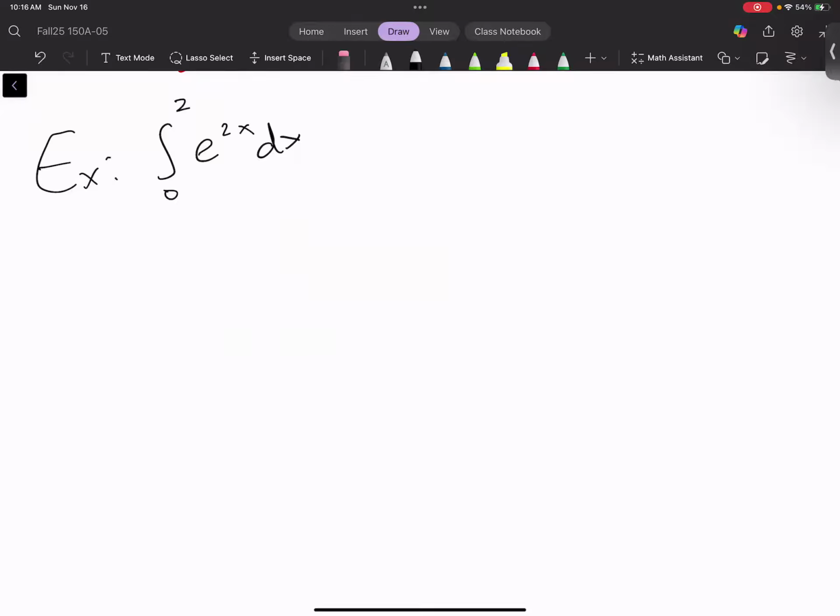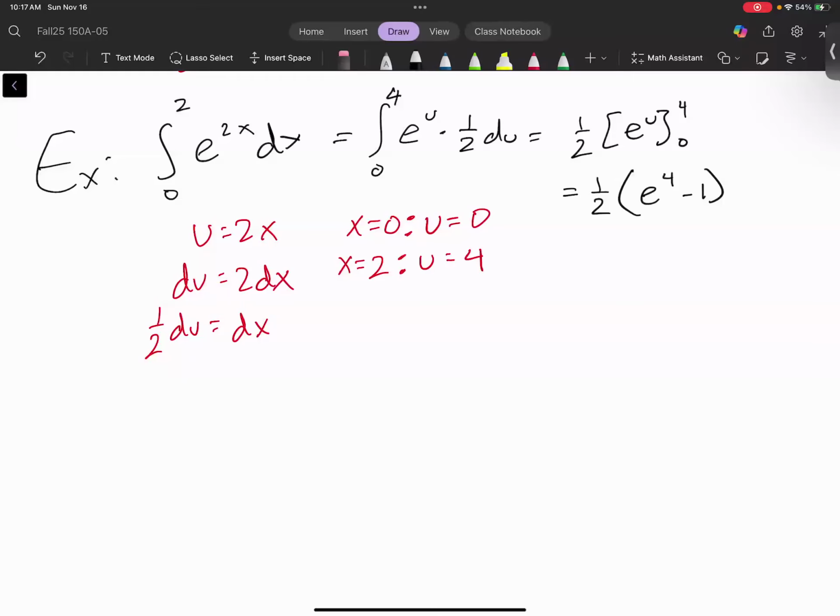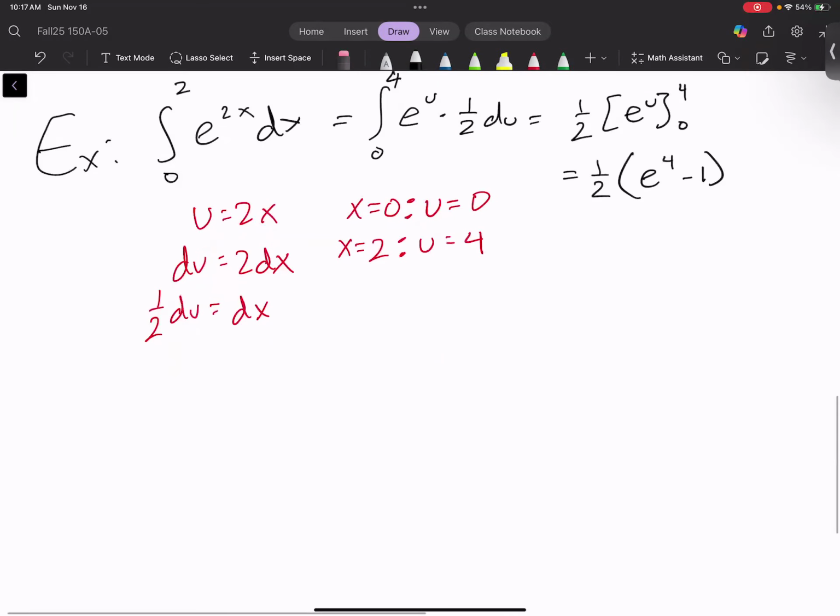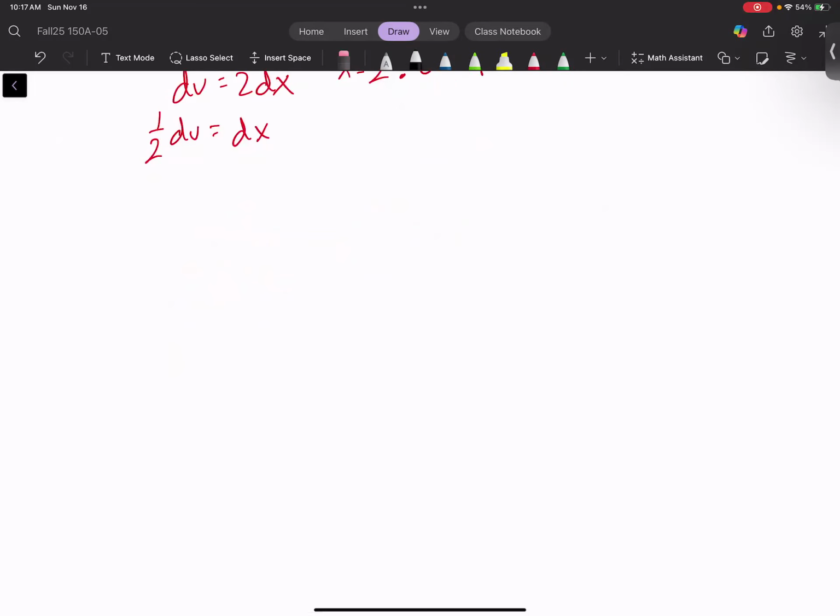We'll do a u substitution. So that's what you should get: 1/2 times e to the fourth minus 1, since e to the 0 is 1. You can pause here and take a look at it. Standard substitution one. Let's look at one that's a little gnarlier.